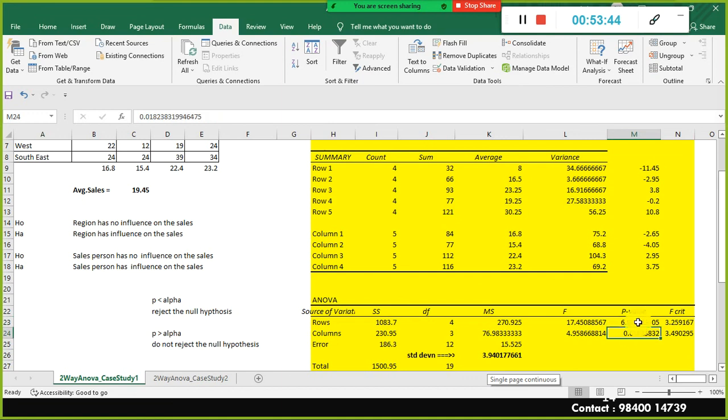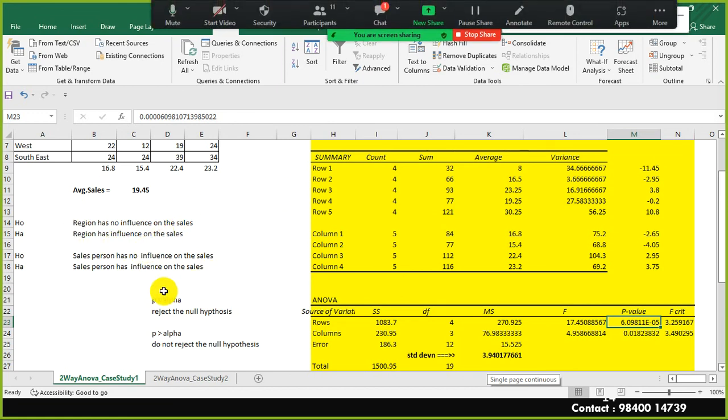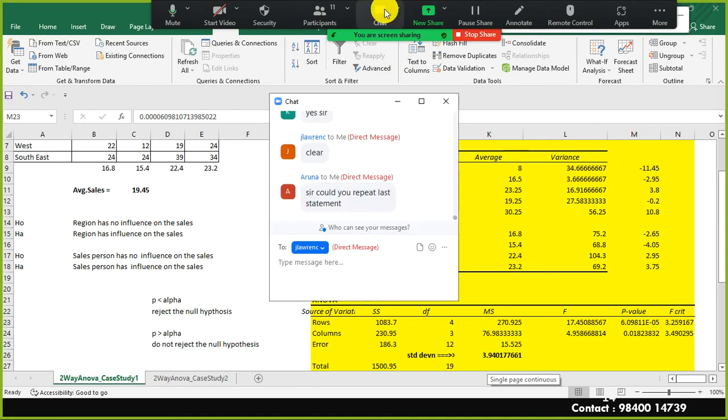Forget about the term statistically significant, and go by the crude term. Whichever of these two is very less, this one is very less, hence this. So in this case, the region has higher influence on the sales than salesperson.